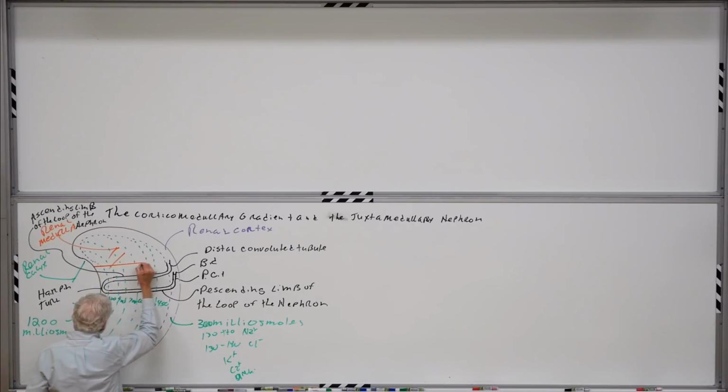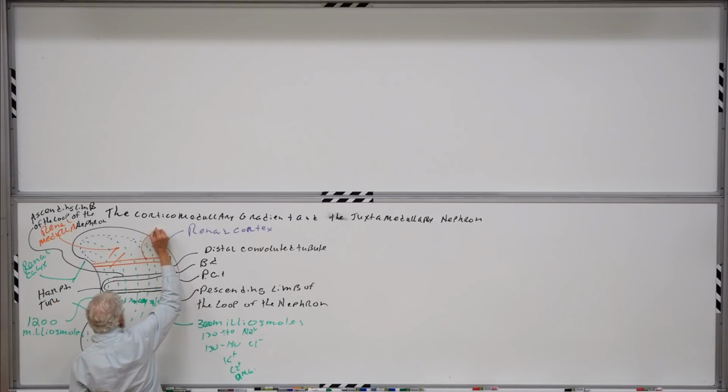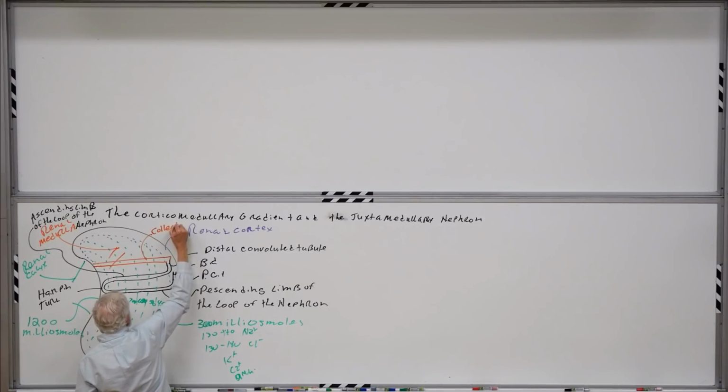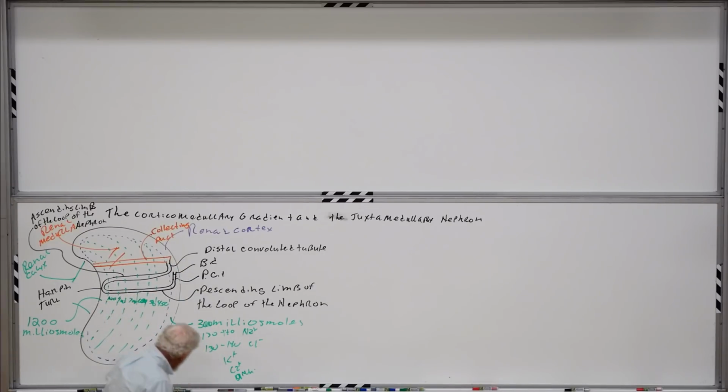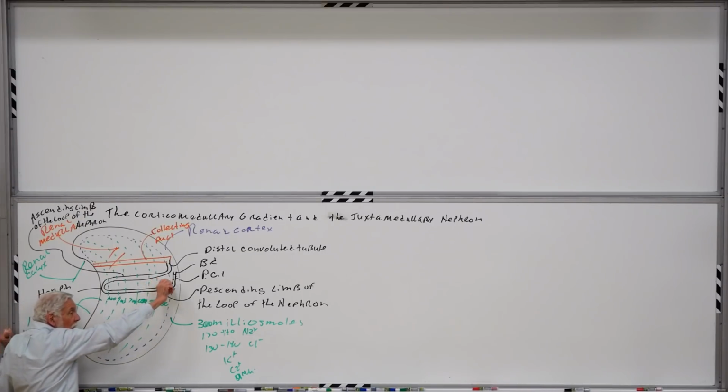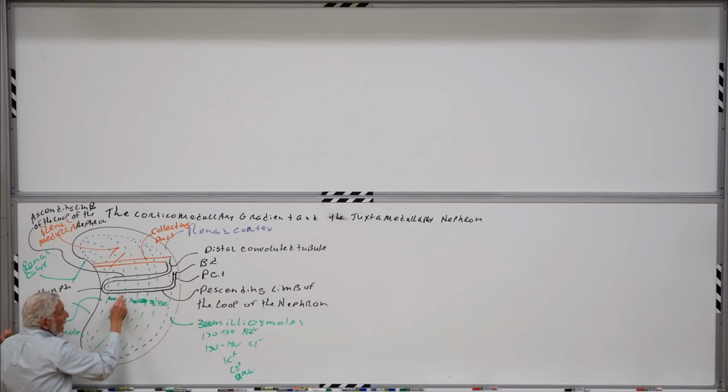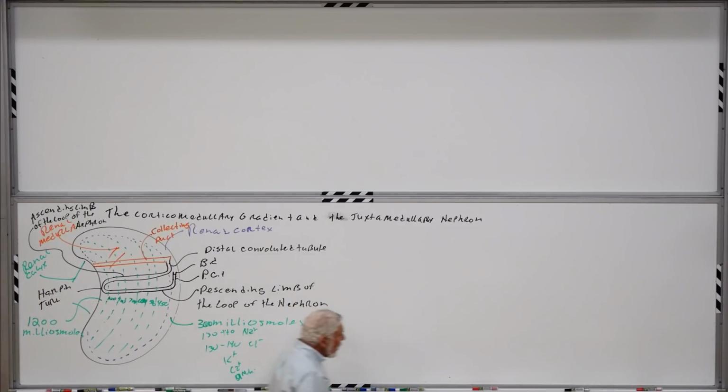So coming across the medulla will be the collecting duct. But for our purposes today, we're going to limit our discussion to the epithelial cells and their components in the proximal convoluted tubule, the descending and ascending limb, and out to the distal convoluted tubule.